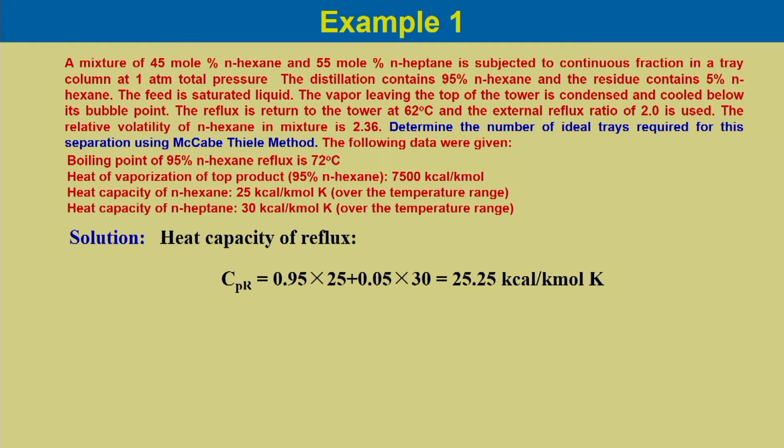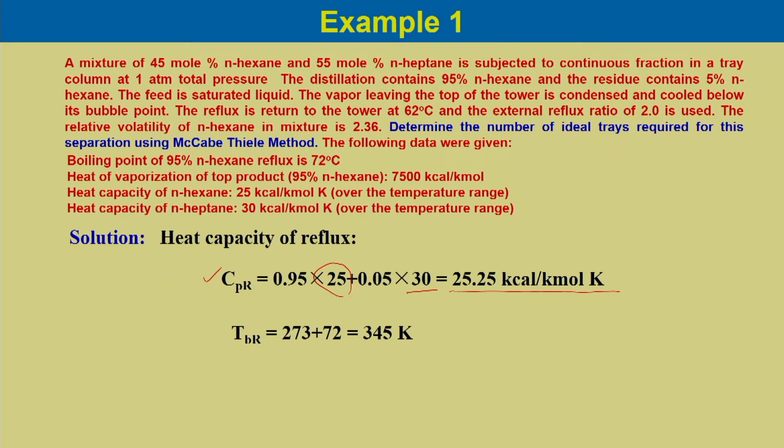So, heat capacity of the reflux, we can calculate CPR would be equal to 0.95, that is 95%, into heat capacity of N-hexane, and 0.05 would be the N-heptane, that is 0.05 into 30. So, we can get CPR as 25.25 kilocalorie per kilomole Kelvin. So, CPR we can calculate this way.